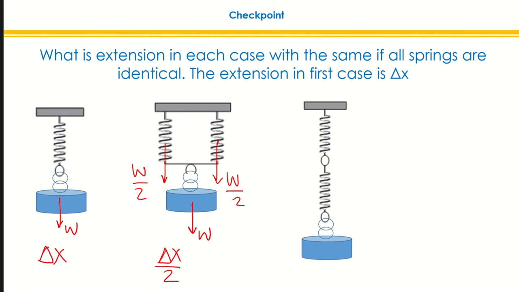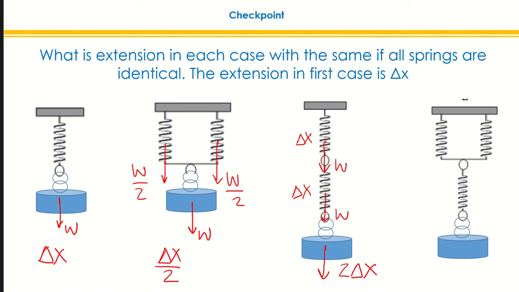If you arrange these two identical springs with the same load in this way, the force is experienced by both springs, so both will be extended in the same way, Δx over here and Δx over here. It means the total extension produced is 2 times Δx. And what about this system?